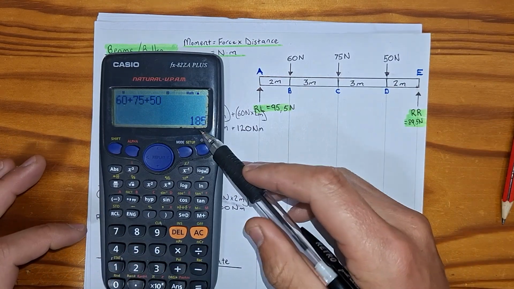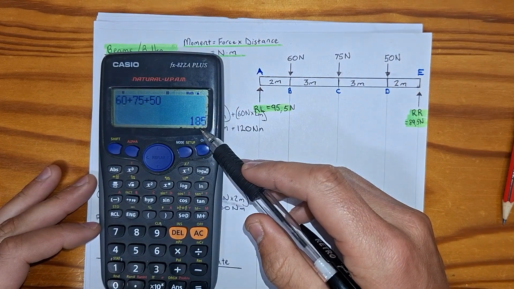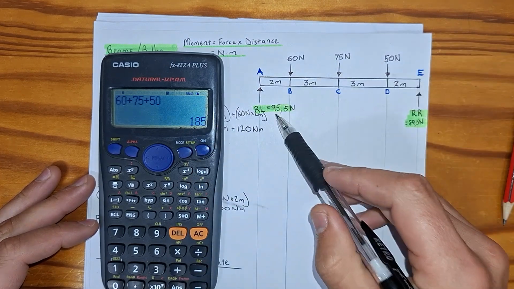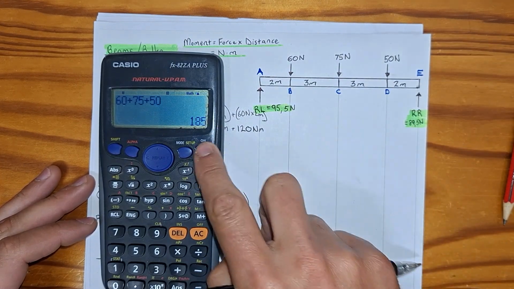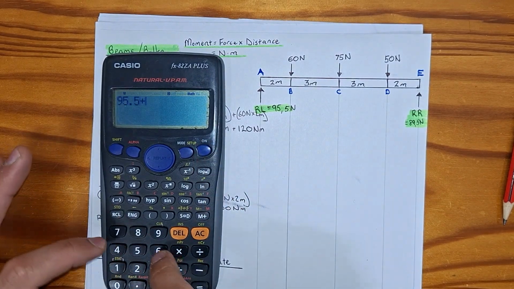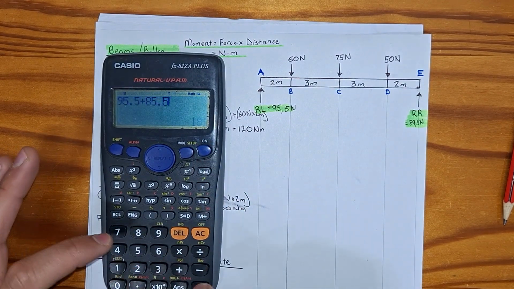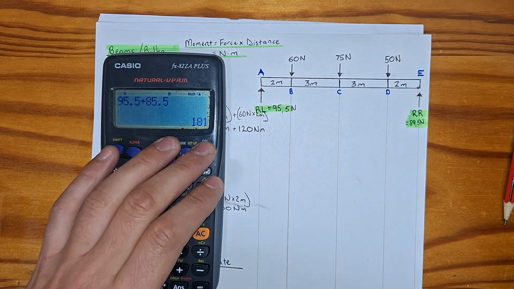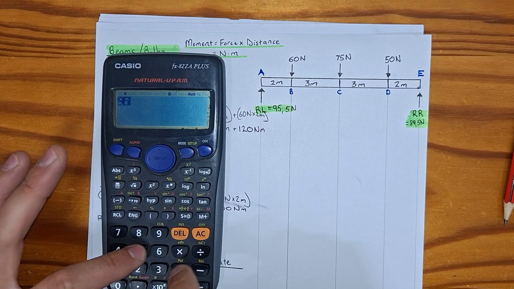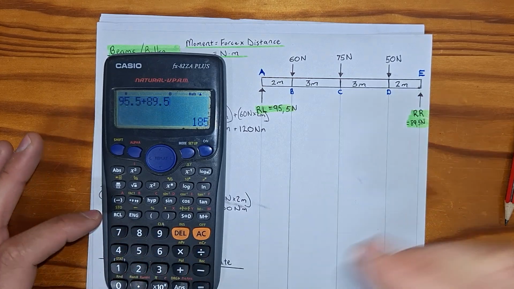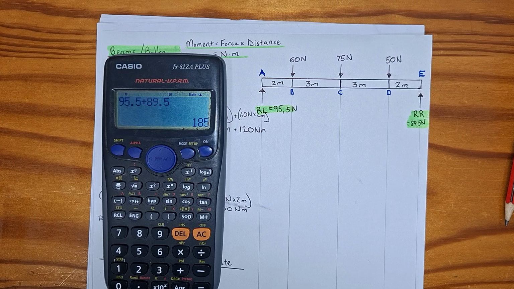Those three forces going down, added together, give 185. So now, if we add these two, they are supposed to be the same value. So 95.5 plus, sorry, made a mistake there, 95.5 plus 89.5 is equal to 185 newtons.